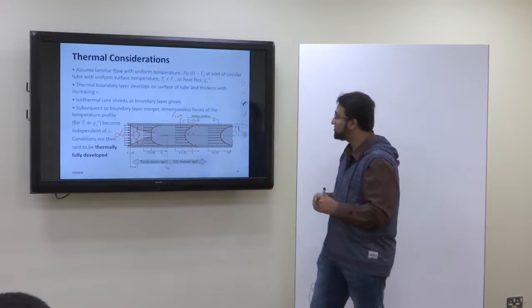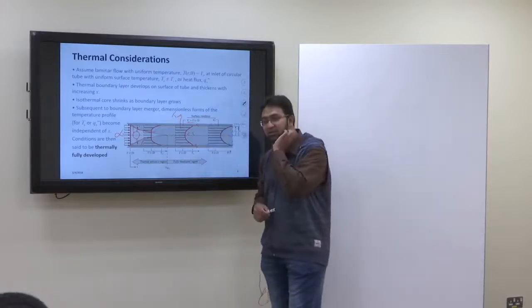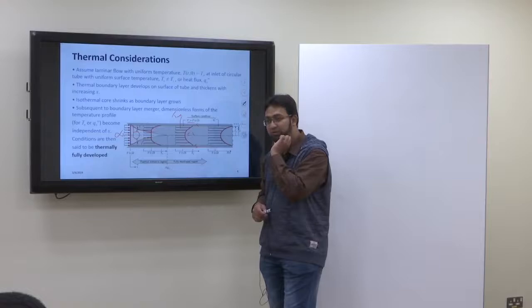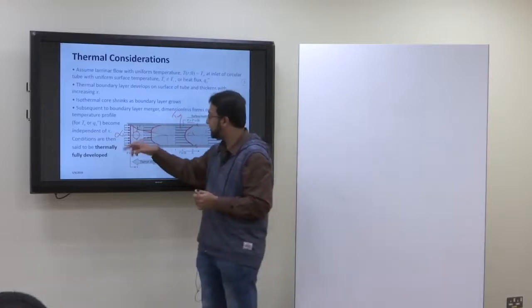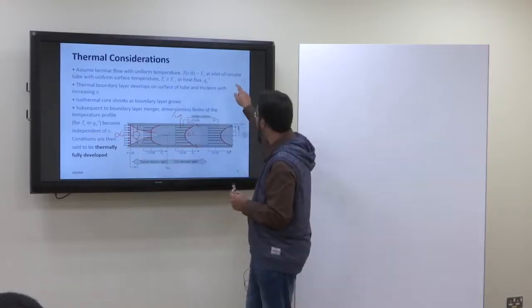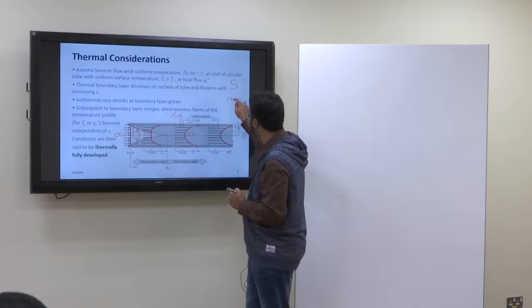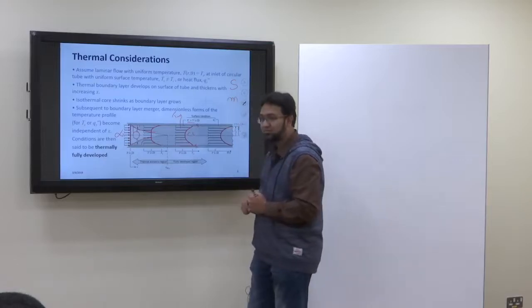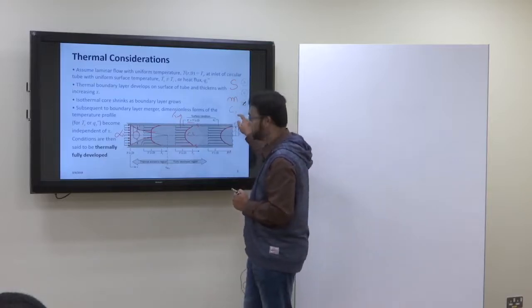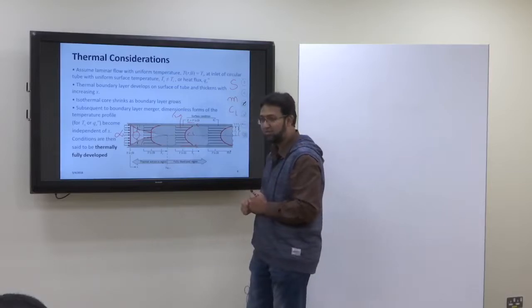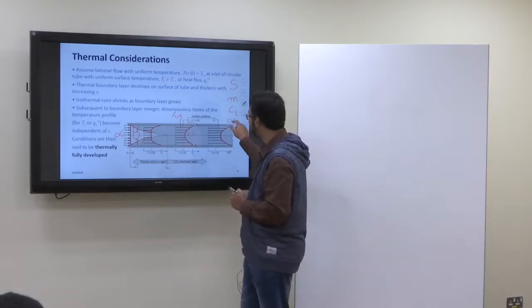In this case, suppose that the surface temperature is high. The highest temperature will be the surface temperature. Below that will be the mean temperature. The centerline temperature would be less than the mean, and the lowest temperature would be T infinity.